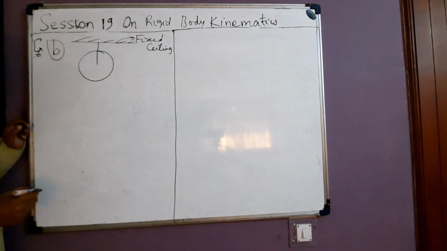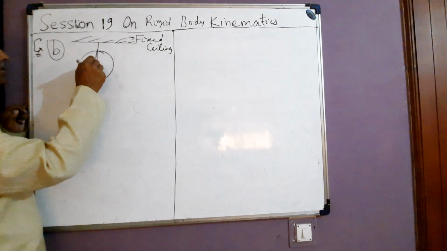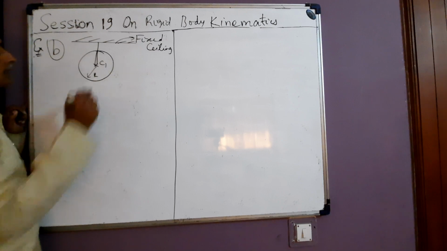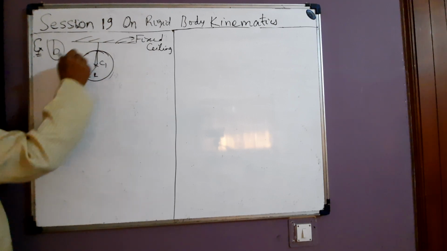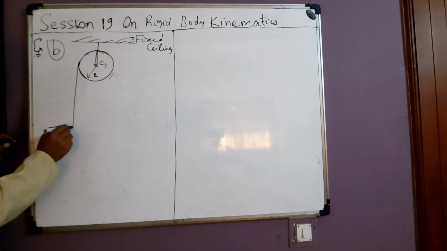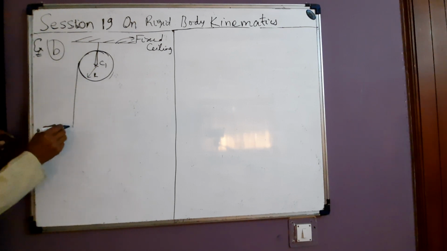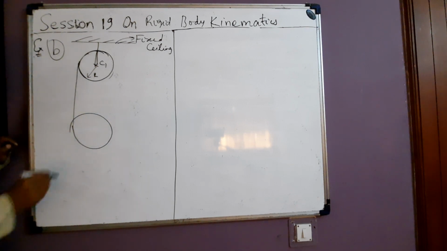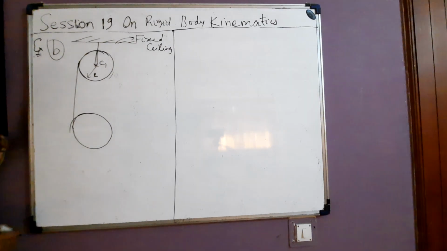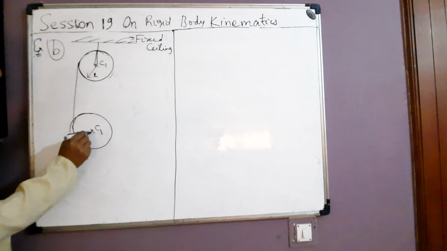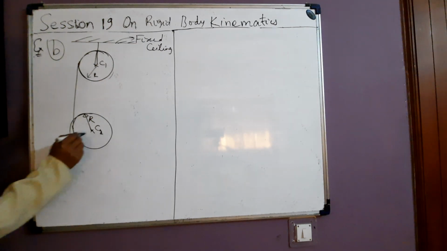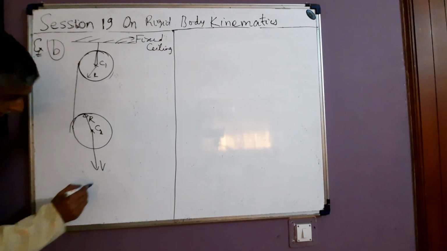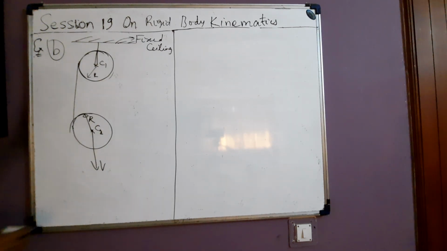Here we have a cylinder whose center is at C1 and radius is R. An inextensible string is wound on the cylinder several times and this string comes here. This is attached to another cylinder whose center is at C2 and whose radius is the same, R. Now center C2 of the cylinder moves at a constant speed V downward with respect to ground.